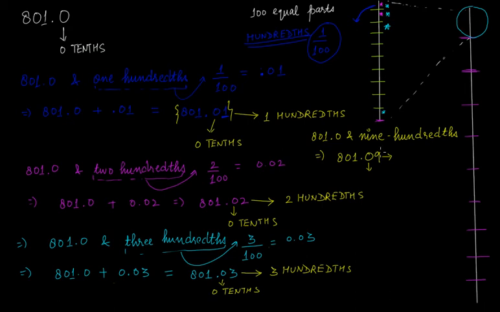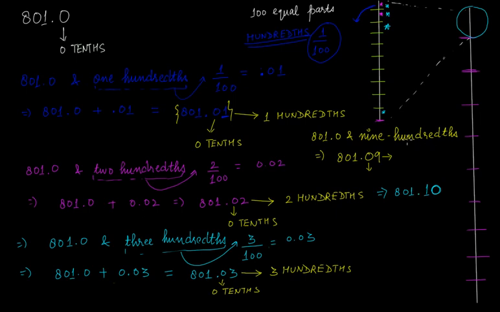So if you are given the 10th portion also, now you are having complete 1/10. So in that case, now you don't have any hundredths. So this will be 801 point 1, and this will be 0.